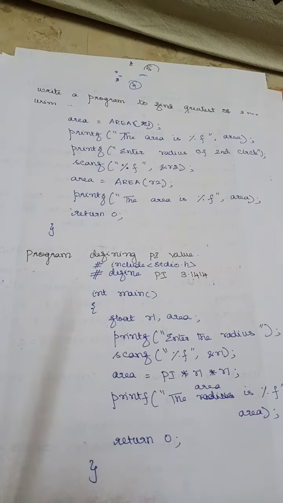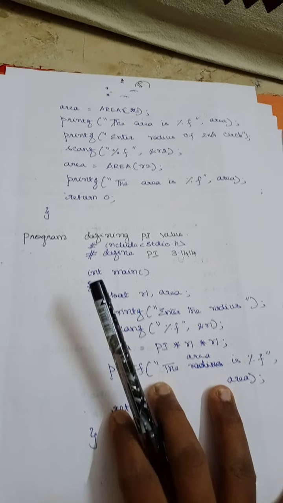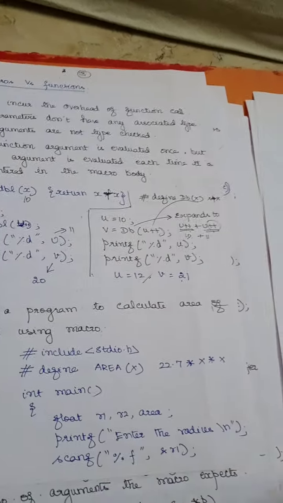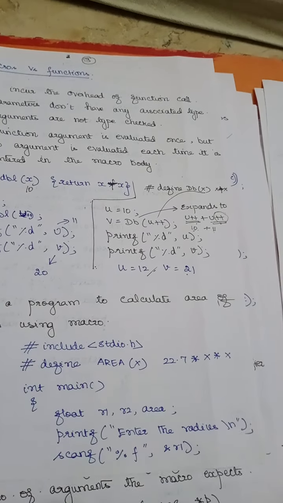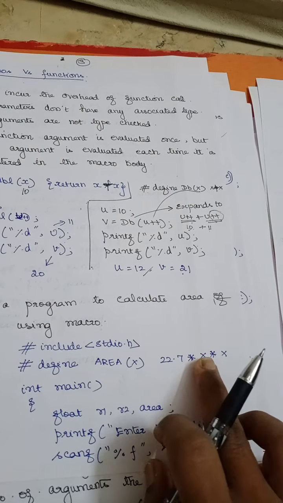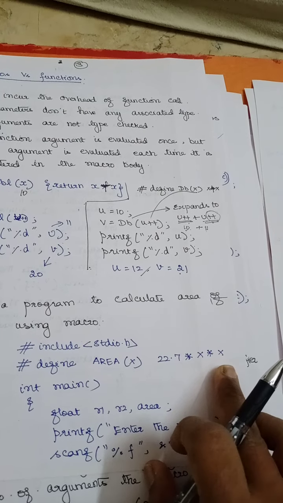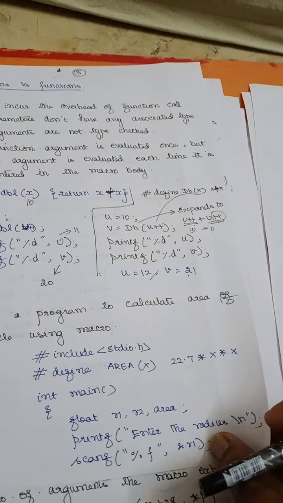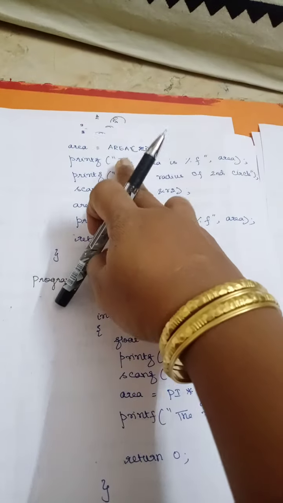See, I am just giving area(r1), right? So this r1 will be coming here, in the place of x I am going to have r1. So here also r1, here also r1. This 22/7 into r1 into r1 will be substituted here.